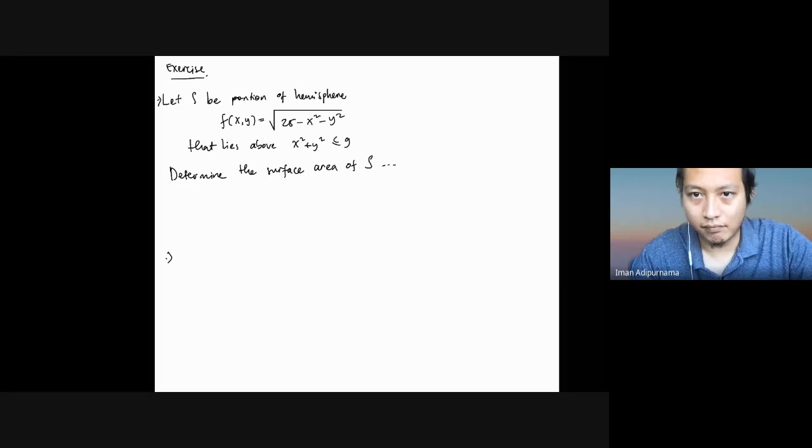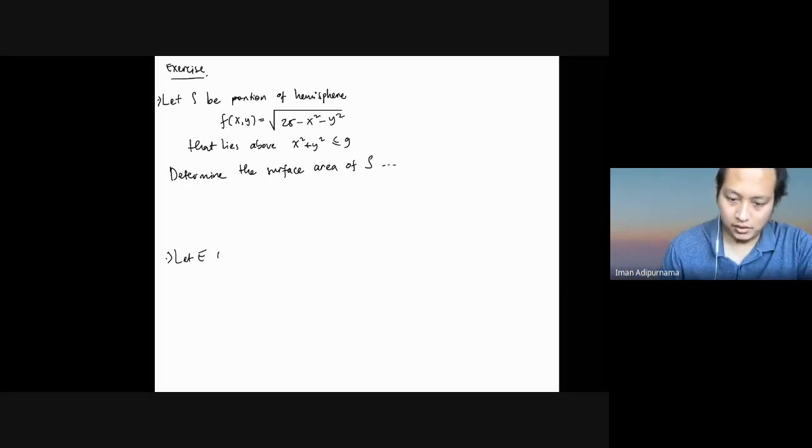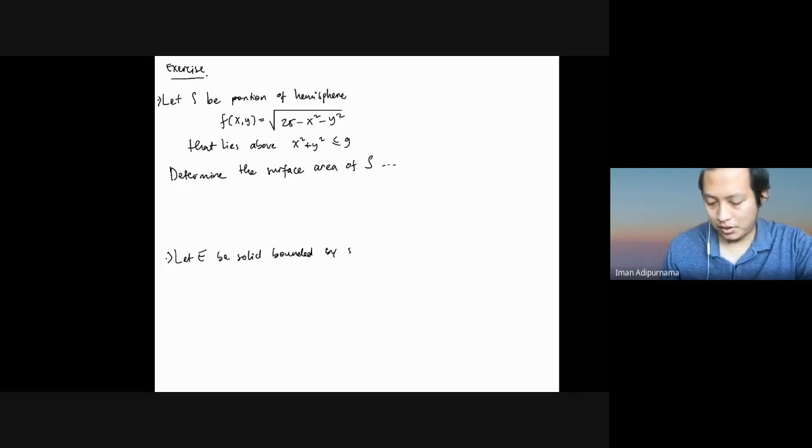Let E be the solid bounded by the sphere x squared plus y squared plus z squared equal 4 and the cylinder.